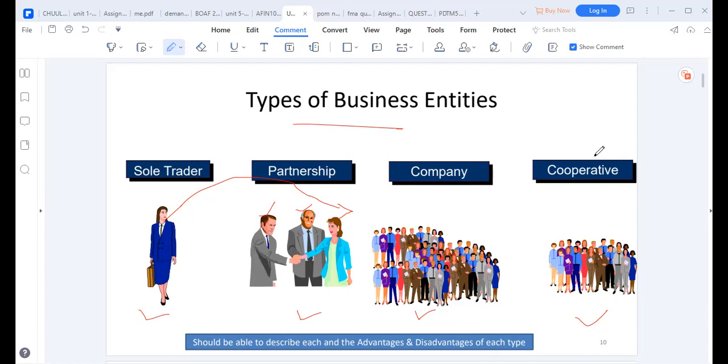All right. So a partnership comes up with a constitution that stipulates what a partner must do, the responsibilities. What type of document do they sign?